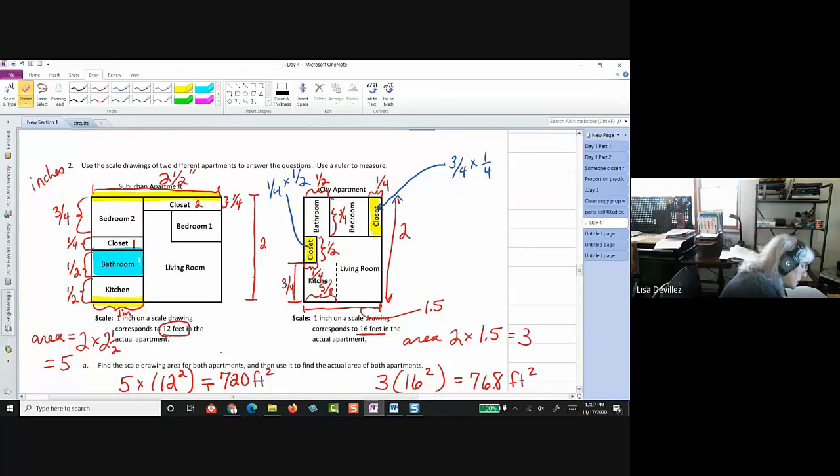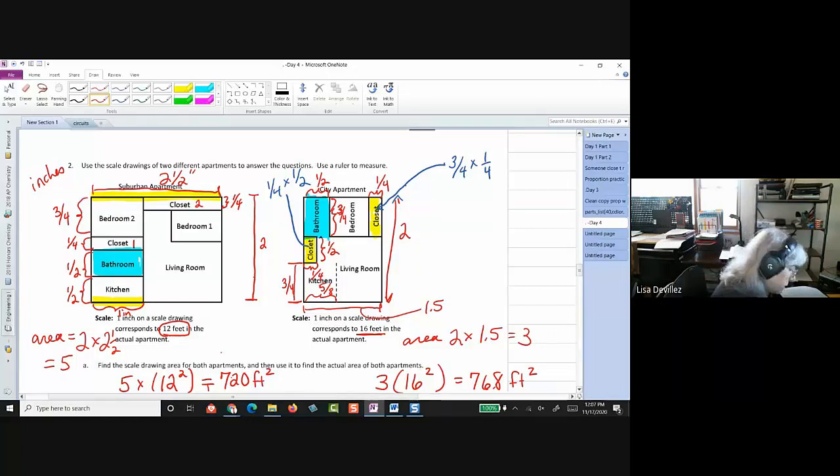The bathroom is here. Okay, so now let's do the same thing with the bathrooms. I'll let you guys work that and then see if we get the same thing.